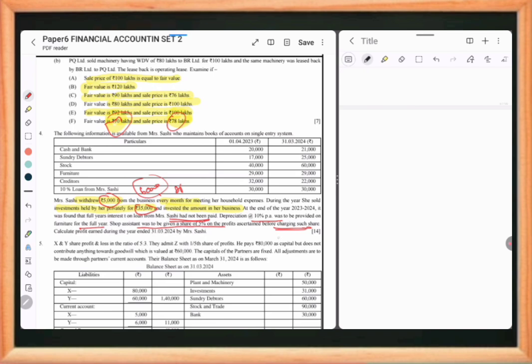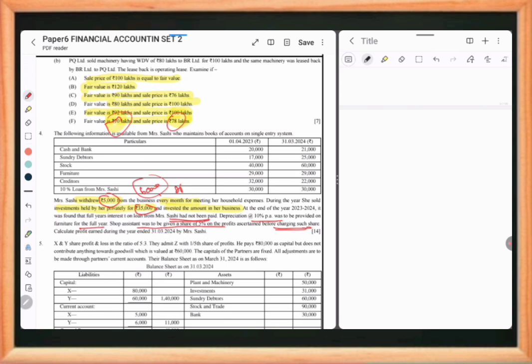In the profit and loss appropriation account, we have to see whether it is before charging or after charging. If it is before charging, 5% straight away; otherwise 5 by 105 if it is after charging. So we will calculate this one.